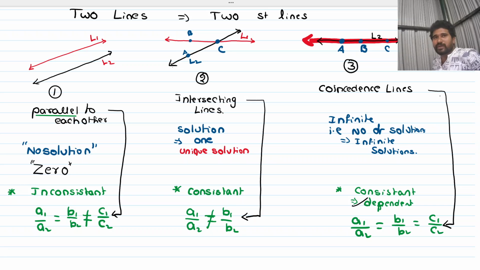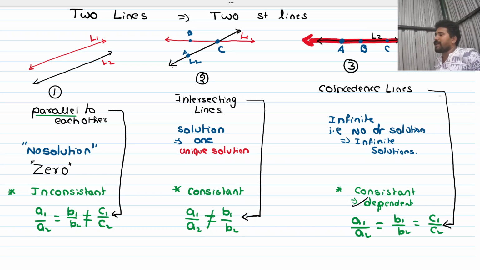What are the three conditions? You have to tell. For parallel lines, this is the condition. For intersecting lines, this is the condition. For coincident lines, this is the condition. You have to repeat me.